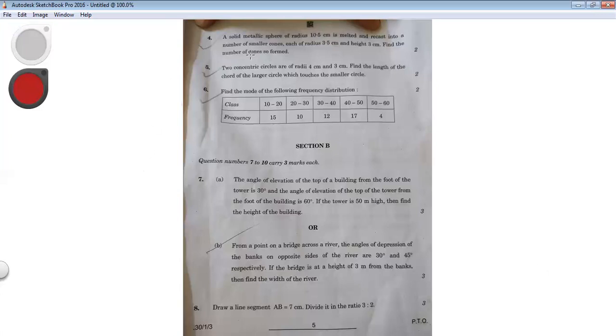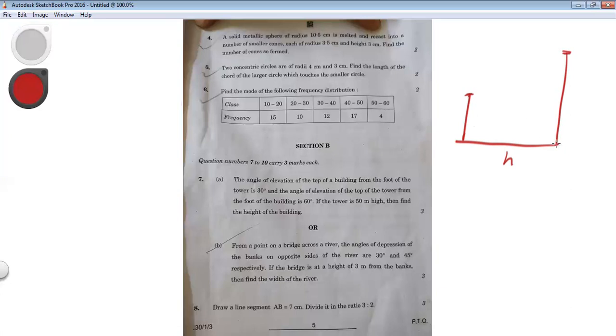Okay, fine. So we have one tower and one building. Okay, as it is said, and they are both, let's say they are at some distance apart. Now it is saying the angle of elevation of the top of the building from the foot of the tower is 30.